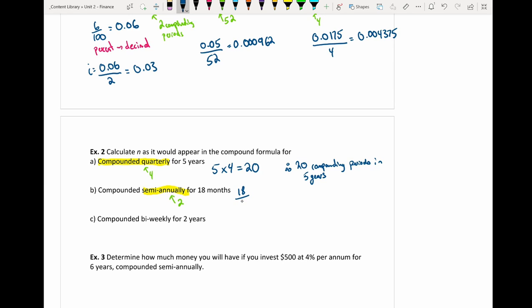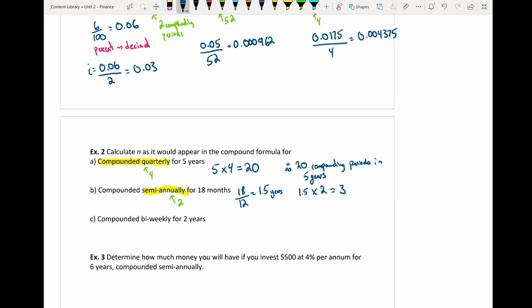I'm going to take 18 months and divide by 12 months, because there are 12 months in a year, and I get 1.5. That means there are 1.5 years for this example. So 1.5 years times 2 compounding periods a year equals 3. So there would be 3 compounding periods in this question.